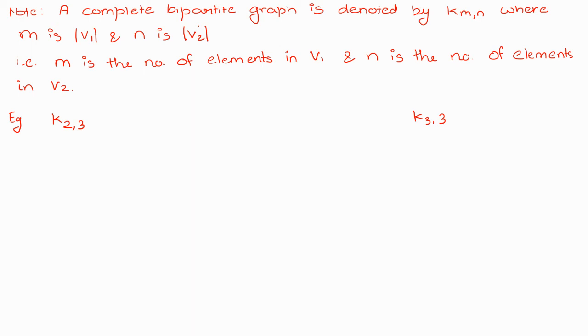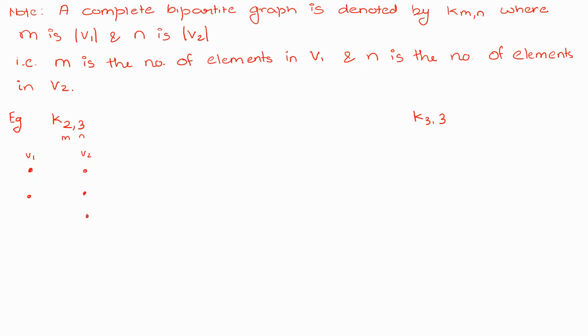Now, suppose we take K(2,3). So M is 2 and N is 3. In this case, in V1 there will be 2 elements and in V2 there will be 3 elements, similar to the graph which I have drawn earlier.